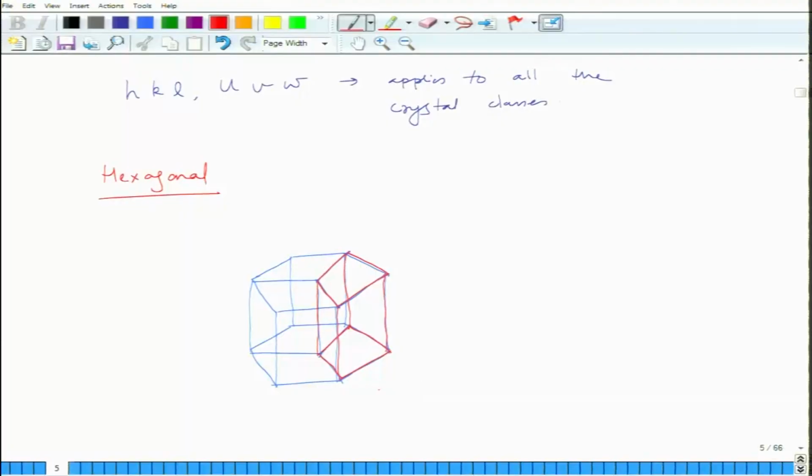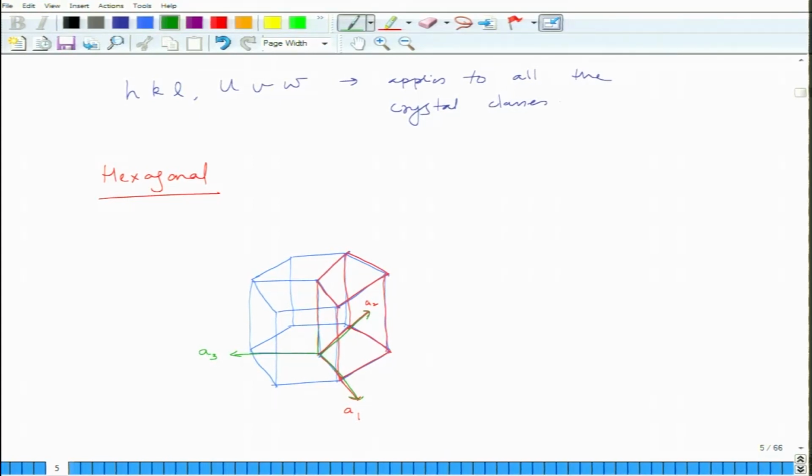However, what we can do here is the following. If I take this as an axis A1 and this as an axis A2, then there is a third axis in this direction, which is A3.